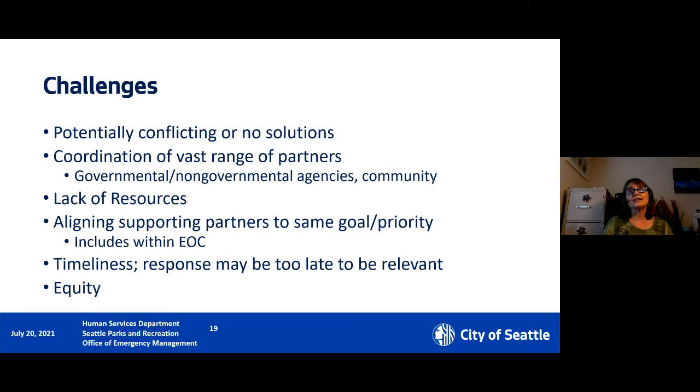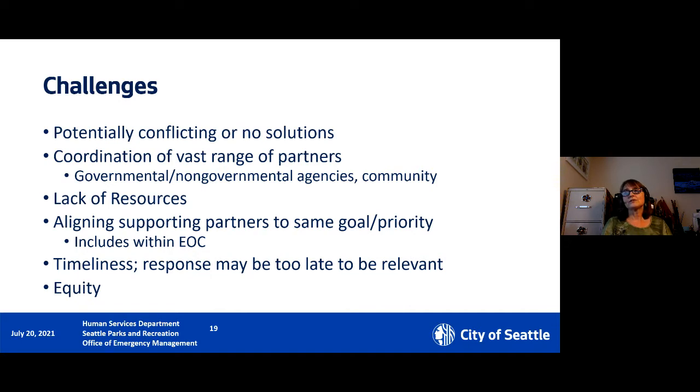Some of the challenges that we face are that there are potentially conflicting or no solutions. We also need to coordinate a vast range of partners, governmental and non-governmental, as well as the community, and there's a lack of resources.